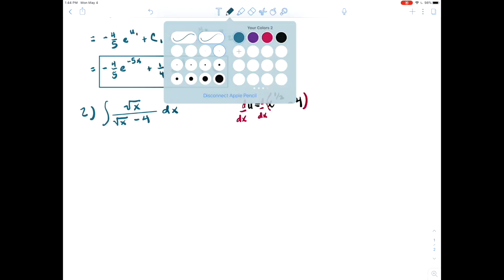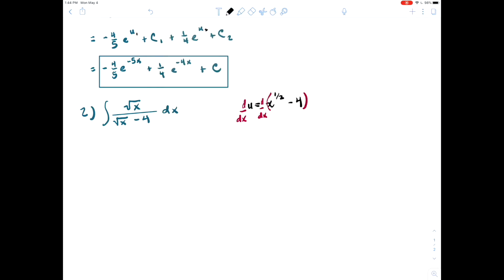We would have du dx is equal to 1/2 x to the negative 1/2, and then minus 0, because the derivative of 4 is 0.